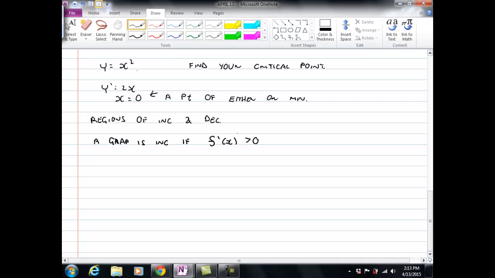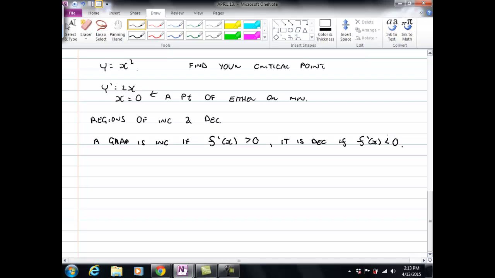Very basic sense, which means the slope of the tangent is positive. It is decreasing if, notice I'm using the derivative function, not the original function, f prime of x is less than 0.